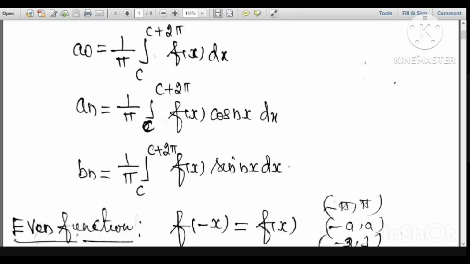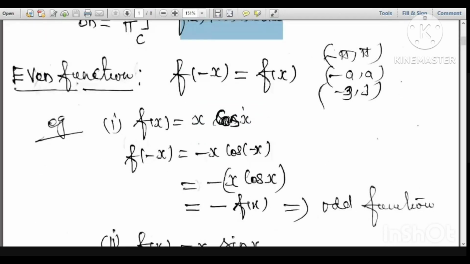An is equal to 1 divided by pi integral over c to c plus 2 pi f of x cos nx dx. Bn is equal to 1 divided by pi integral over the limit 0 to 2 pi f of x sin nx dx.